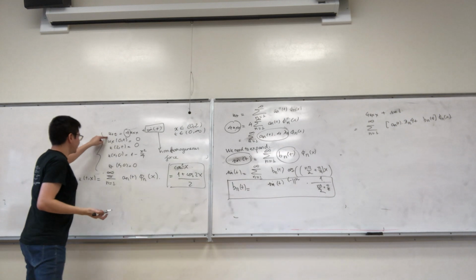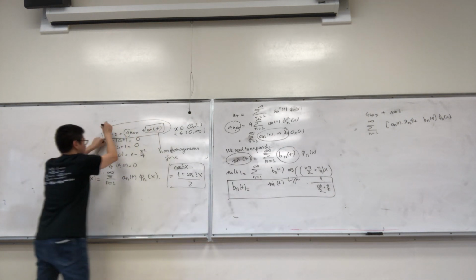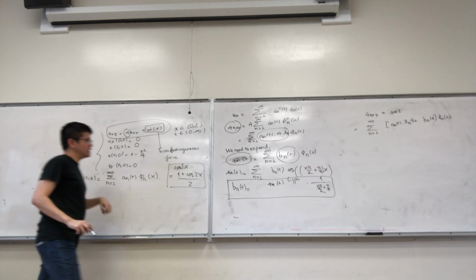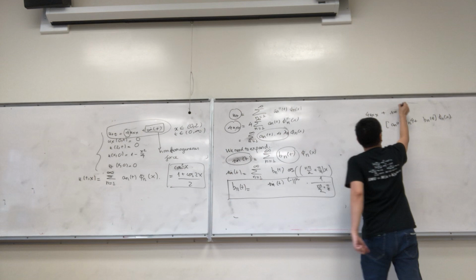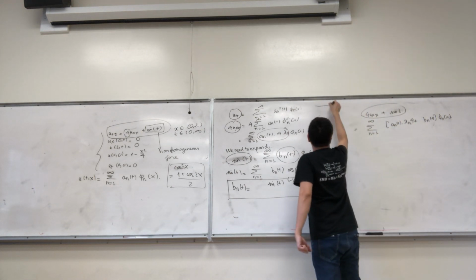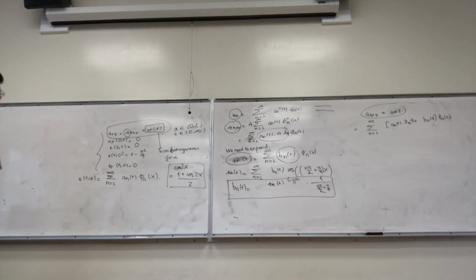Now, you know that utt is 4 times uxx plus sine of t, which means that this guy and this guy are equal. What can you say about a coefficient? That an double prime of t is equal to what's in the brackets.